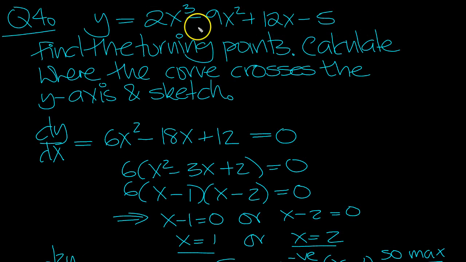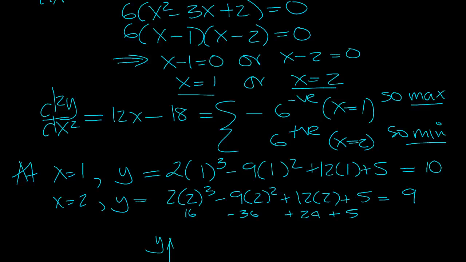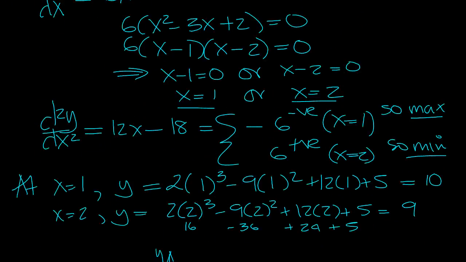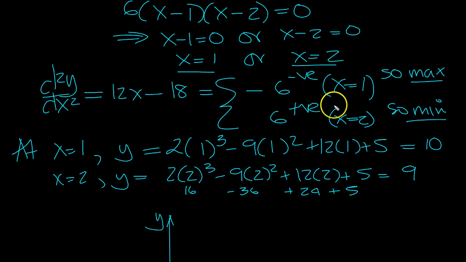Okay, if we've written down this correctly, 2x cubed minus 9x squared plus 12x, that's fine. So have I written that down correctly? 2x cubed minus 9x squared plus 12x minus 5. Oh, I've got a minus 5 here. That will change it, so it's minus 5.